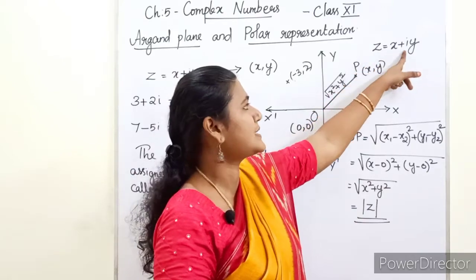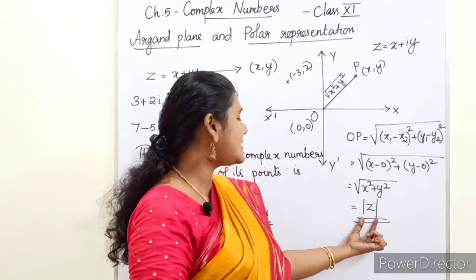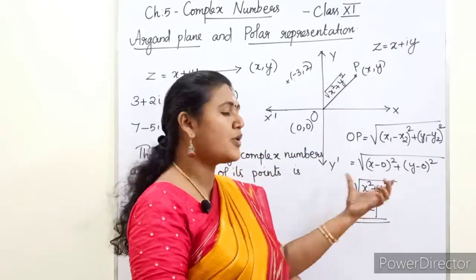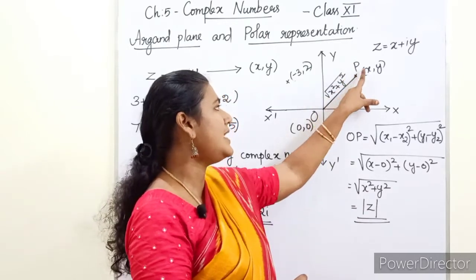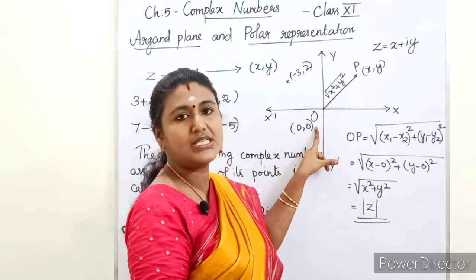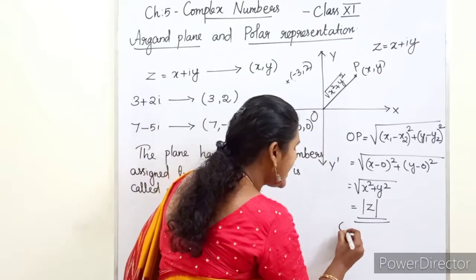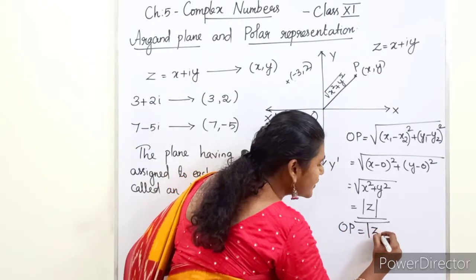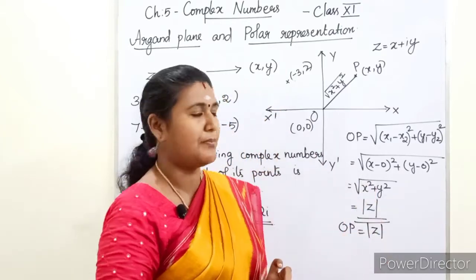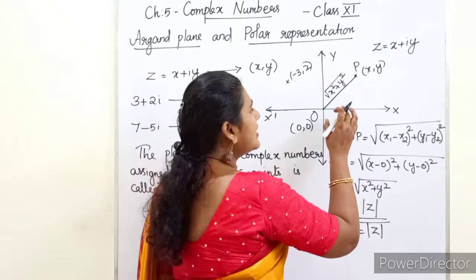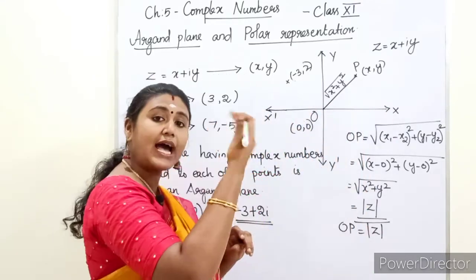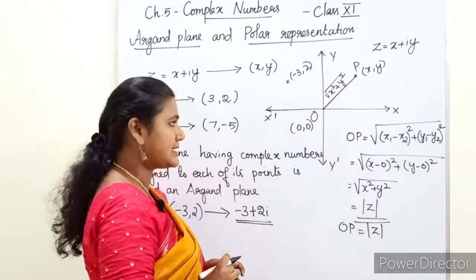If z equals x plus iy, then mod z is equal to root of x square plus y square. So the distance of the point P(x, y) from the origin, OP, is nothing but the modulus of that complex number z. Now we will see what is the form of a complex point on the x-axis and y-axis.